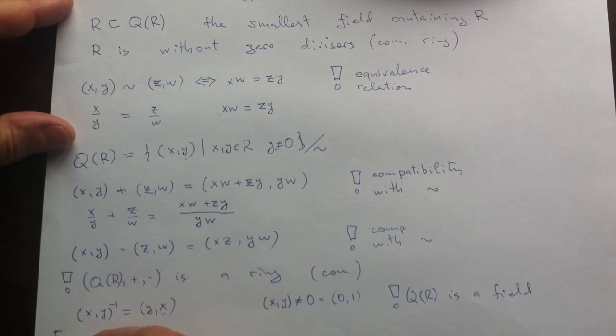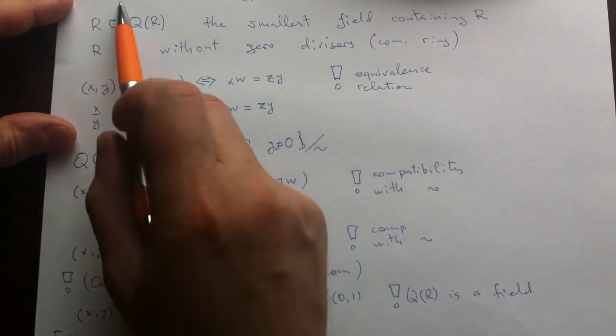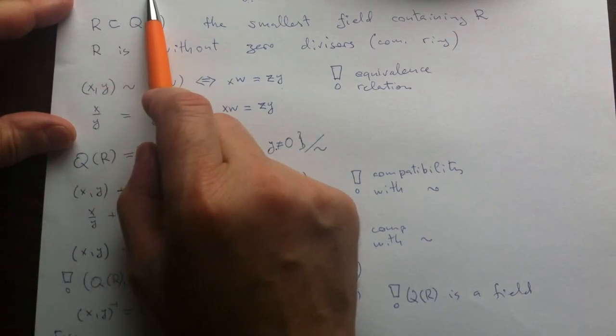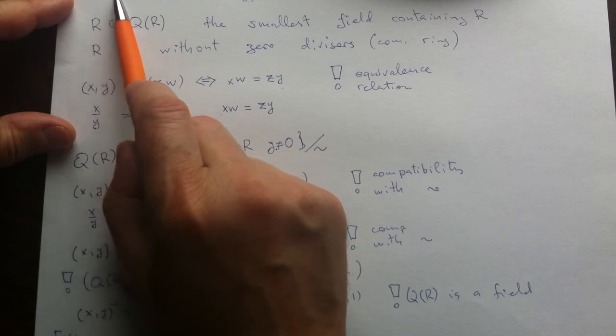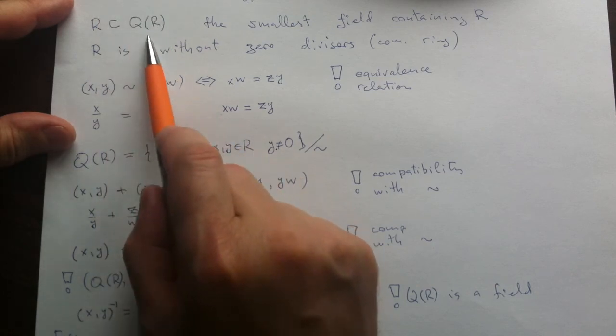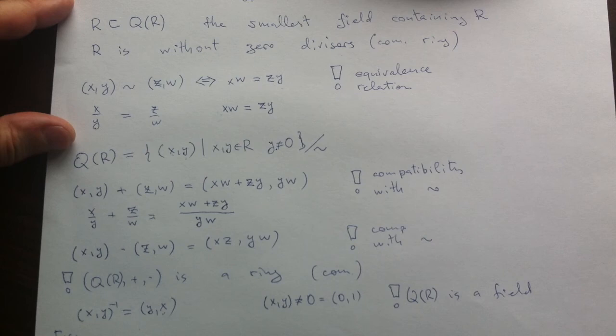What I'm really eager to do is an example. We have the model example, which is already here, integers. If we apply this field of fractions construction to them, we will get the field of rational numbers.